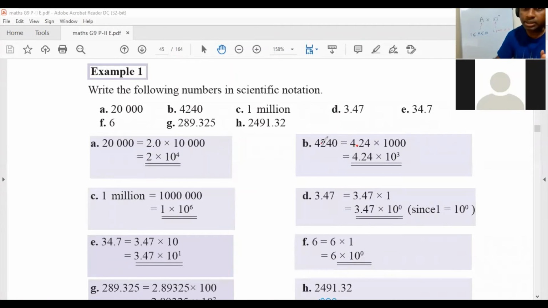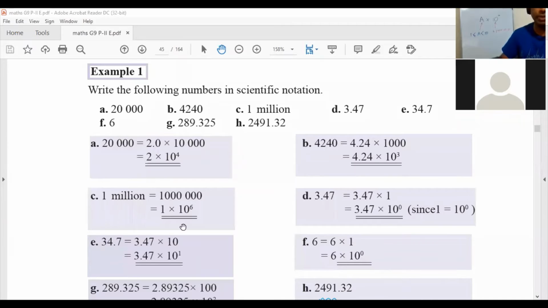From that place, you have to move this decimal point 3 places to the right. That's why we put here 3 dots. Then it is 4.24 times 10 to the power 3. That is the scientific notation.